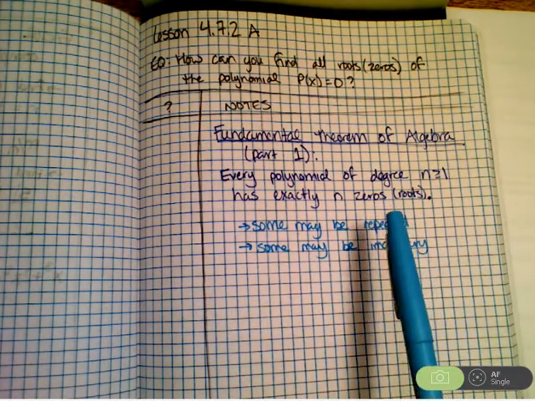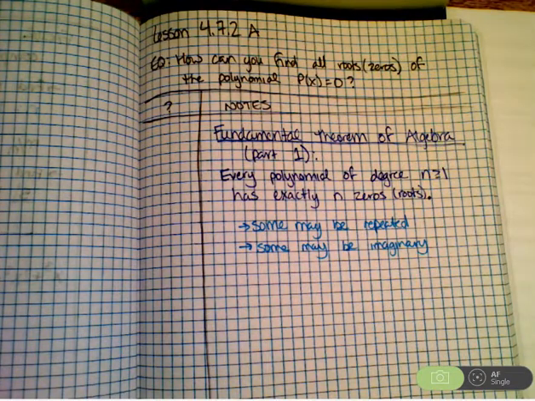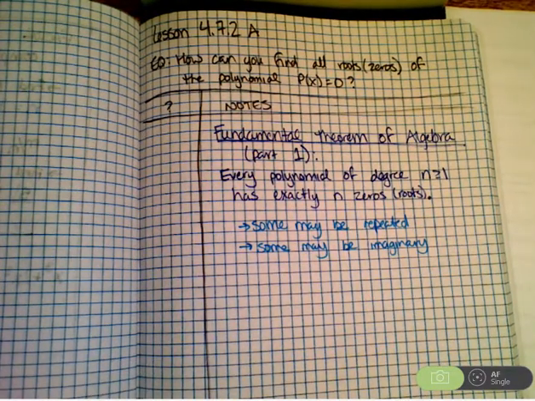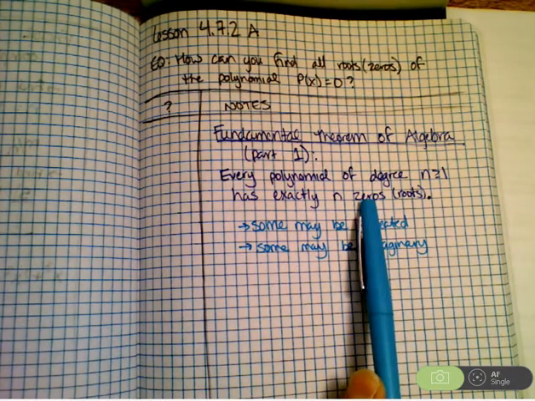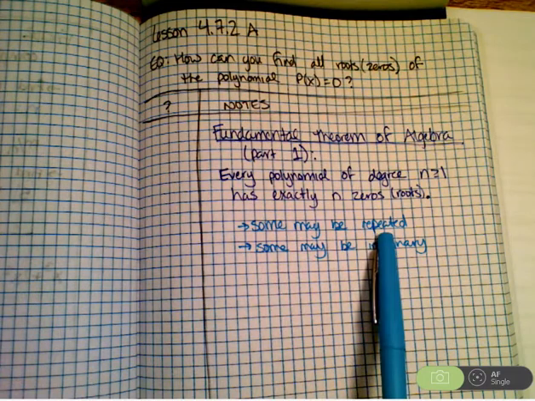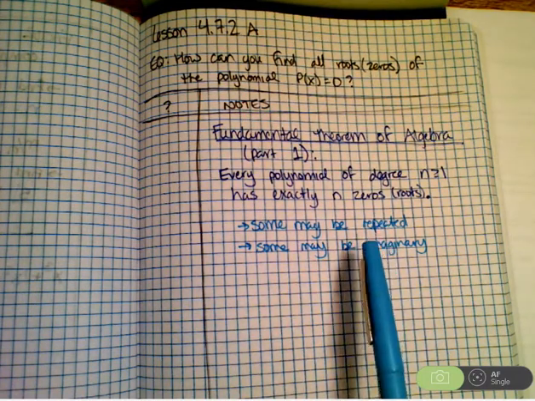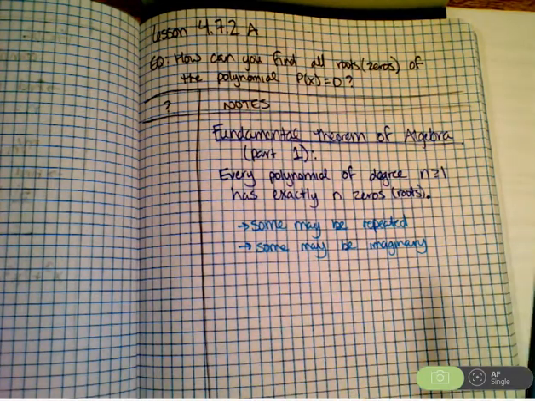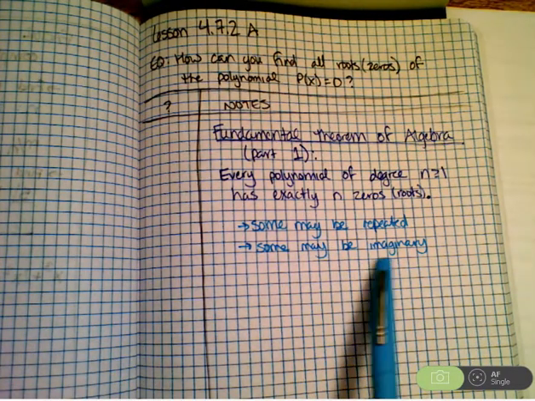So what that means is if we draw a graph of any polynomial, we're going to be able to look at it and see where the zeros are, right? Sometimes we have repeated zeros, so we might have x plus 2 squared in our problem. That would be where we'd have a little parabola at the -2. And some might be imaginary.